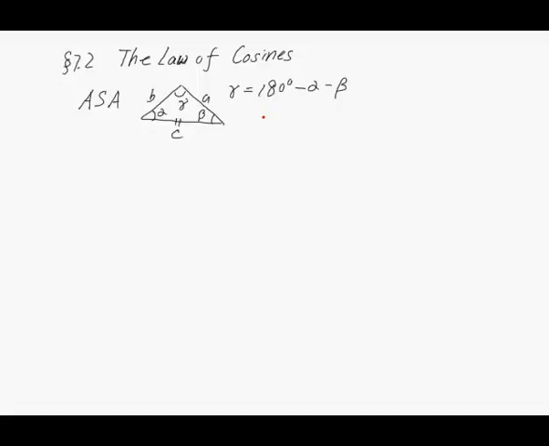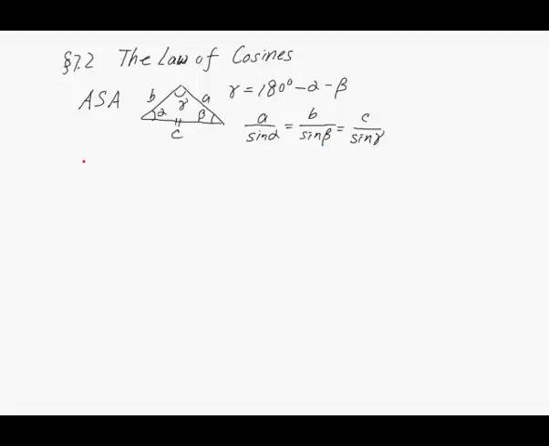So you have A over sine alpha equal to B over sine beta, and then equal to C over sine gamma. So right now, alpha, beta, gamma are known, and C is also known. So you can find A and B by solving this equation. So this is the case when we know the two angles and one side.